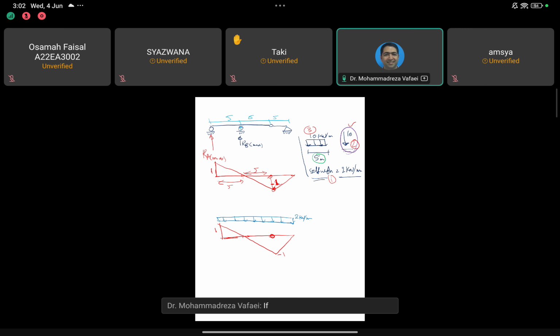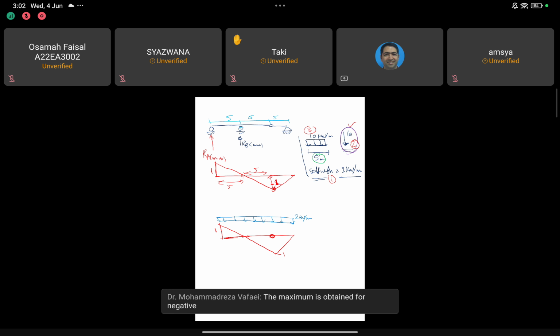If in the exam you are asked to do this, either we tell you to find maximum RA positive, or compression or tension. If it was not given, then you need to examine it and see whether the maximum is obtained for negative or the maximum positive of RA can be achieved, and which one is the largest.